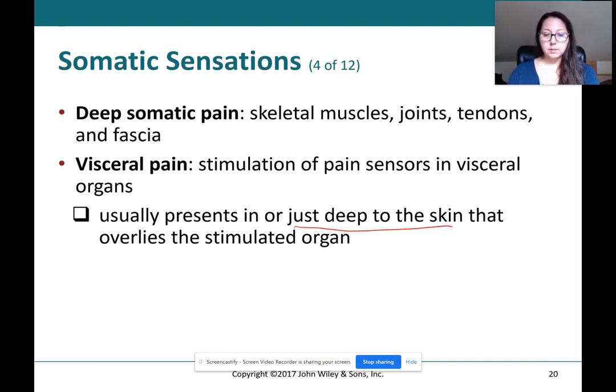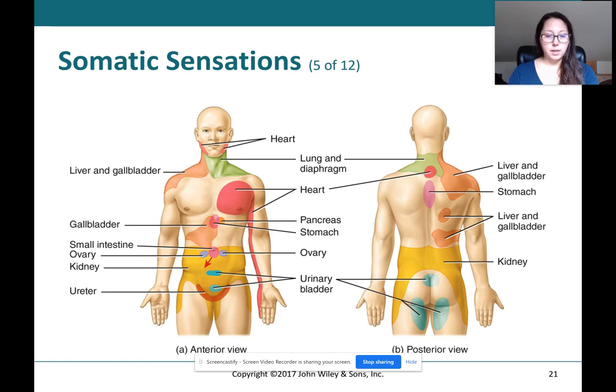So it can present in or just deep to the skin that overlies the stimulated organ. And sometimes it's not directly over that organ. And that's what we call referred pain. Sometimes the pain shows up in another area that isn't just next to that organ. And a good example of that most of us are familiar with is the signs and symptoms of a heart attack.